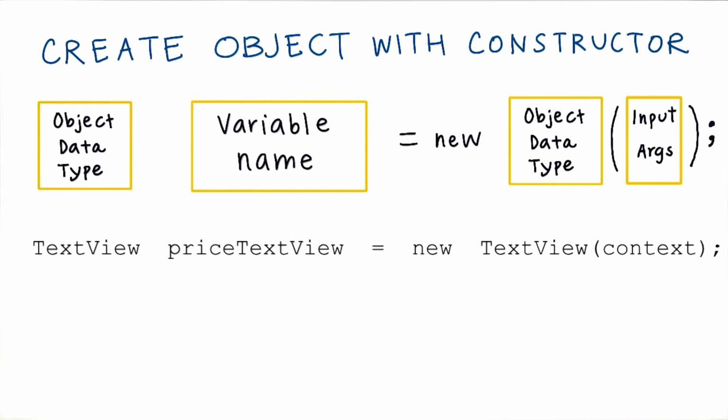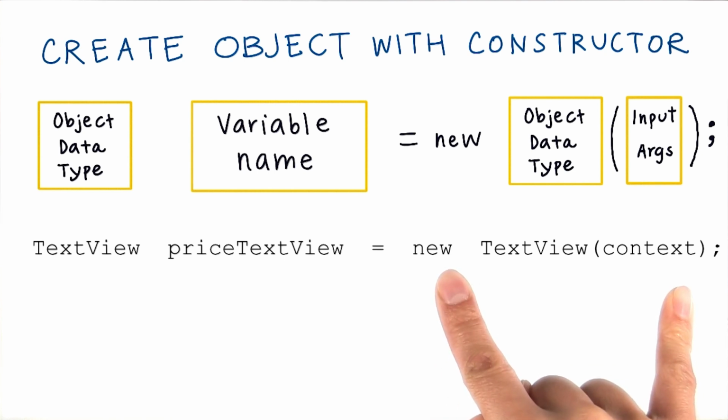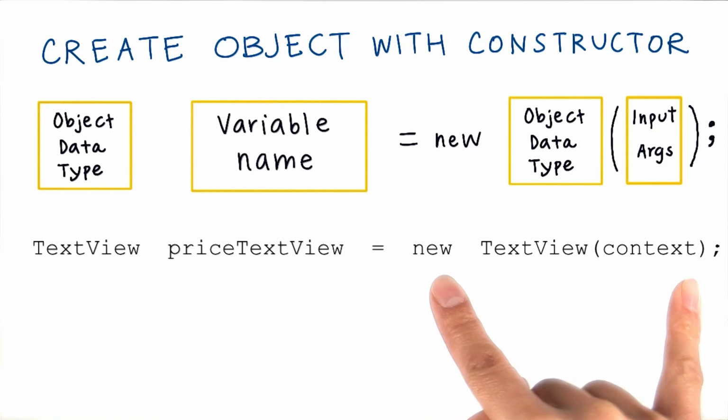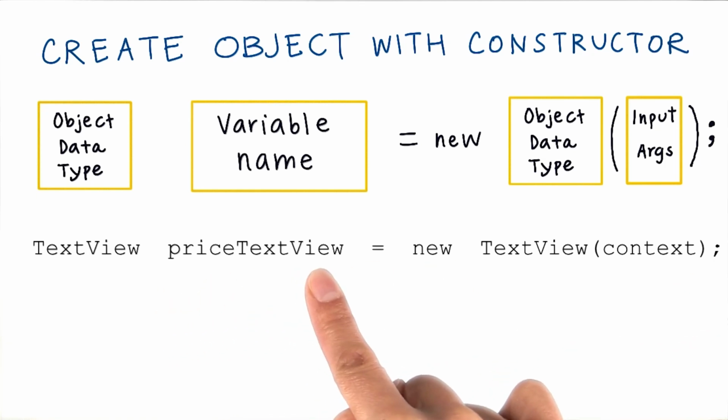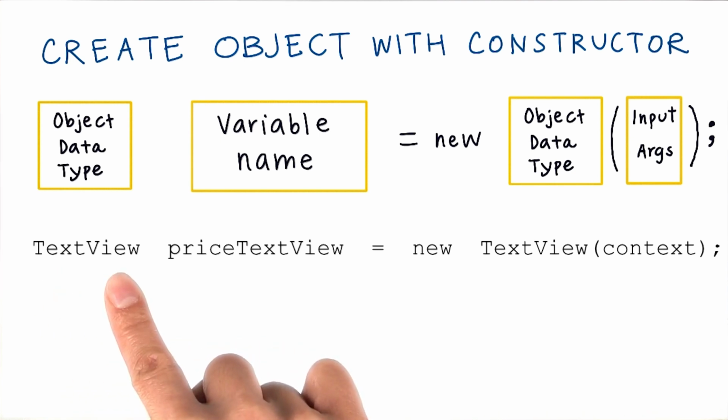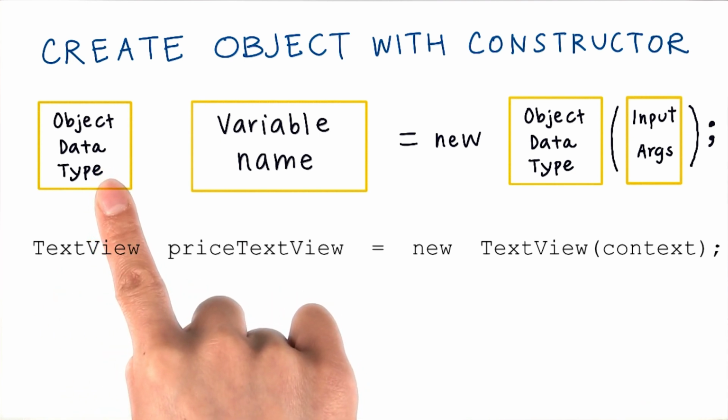Remember that the context object helps you access application resources and other things about the application environment. So altogether, this is creating a new TextView object by calling the constructor, and then it's storing this new object inside a variable called price TextView. And this variable can only hold a single TextView object as defined by its data type.